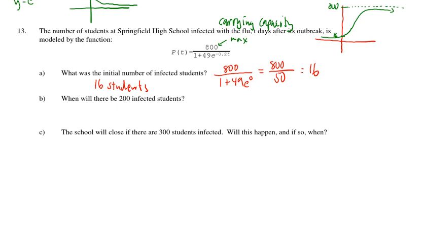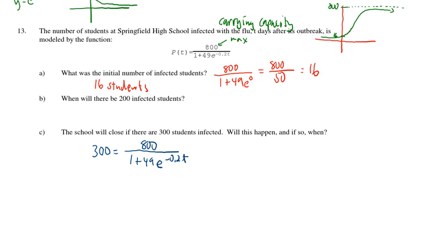So let's go ahead and start off this equation. 300 equals 800 over 1 plus 49 e to the negative 0.2t. Excuse me. And I have one of these for you guys to try during the group work if you get to it.